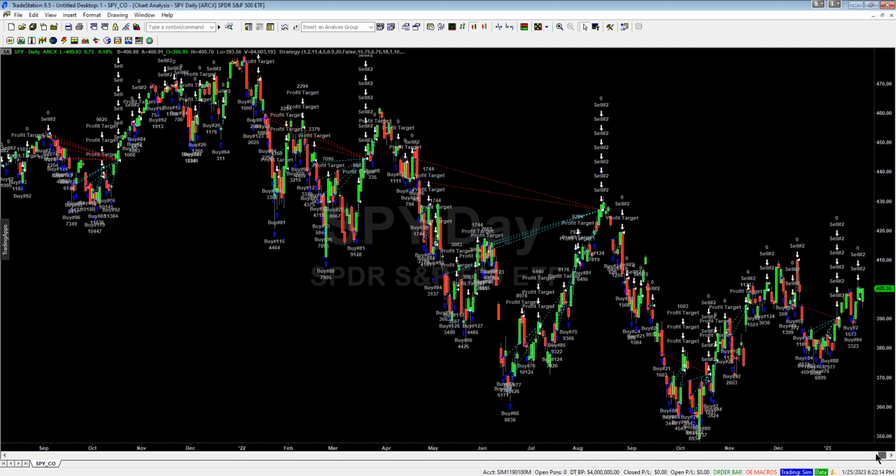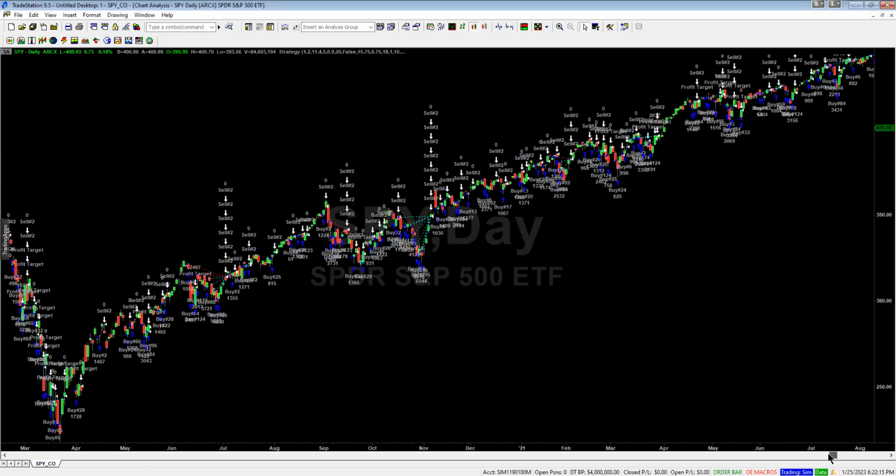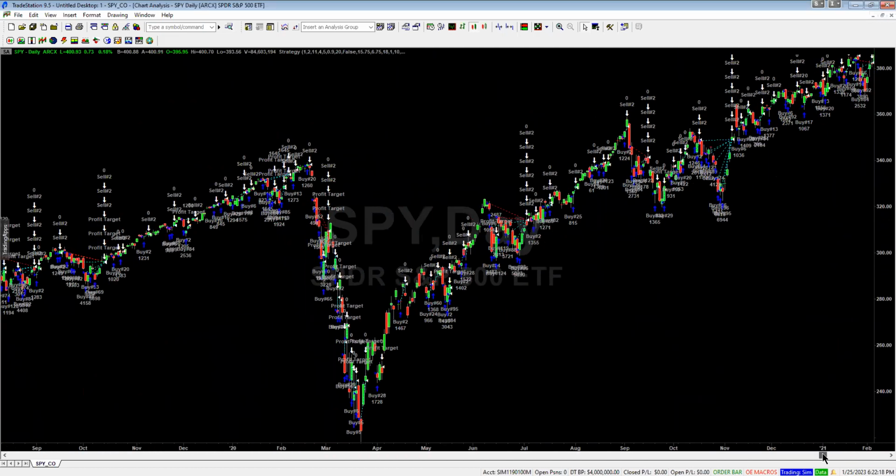Let me show you 2020, which is the COVID year. All right, so this is 2020. And so you can see here, we have some per entry exits, that is, intra-bar exits that can exit without the next bar closing.